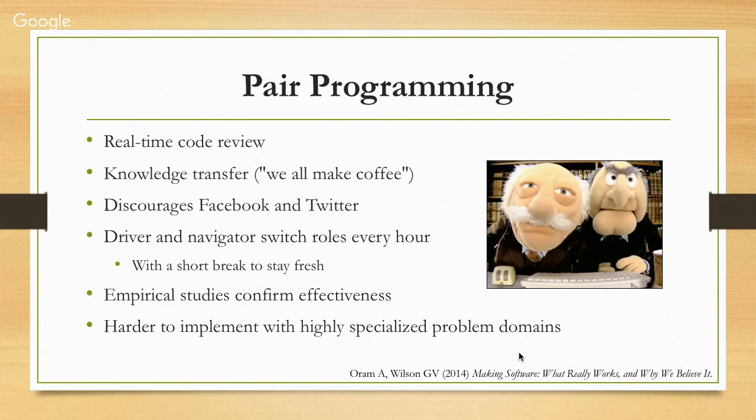One of the issues in getting this to work in research software projects is that if your software is working on some very highly specialized problem domains, it can be challenging if the two people pairing have different interests. For example, in our research group, we're working on a software project for DNA sequence analysis in general, but a lot of our group members have different areas of interest and expertise within that broader area.